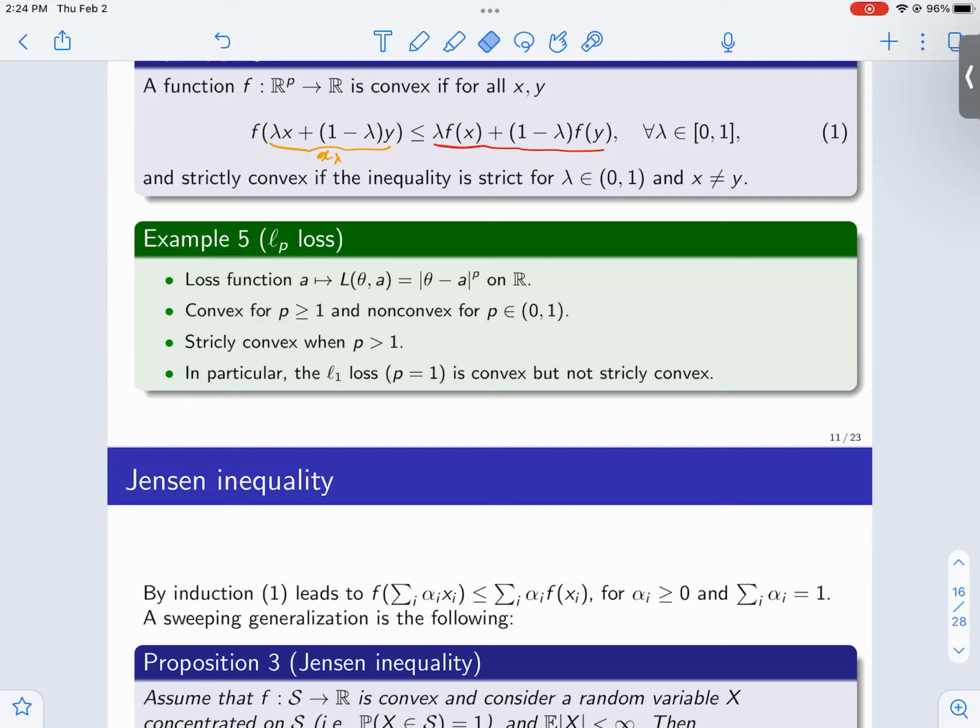If you imagine this definition of convexity, this statement is already a statement of Jensen's inequality for a very simple case.